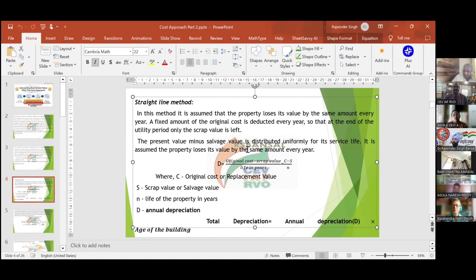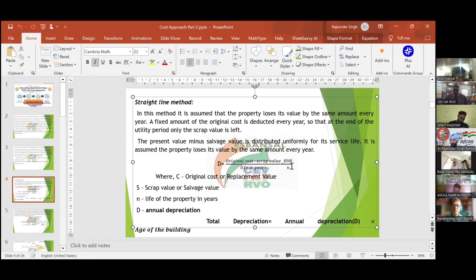If the life of the building is 60 years, how much depreciation will there be per year? 1.5%. You calculate that as 90 upon 60. So it is original cost minus scrap cost or salvage value divided by life in years. So you have the formula.